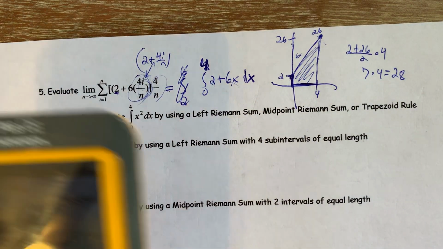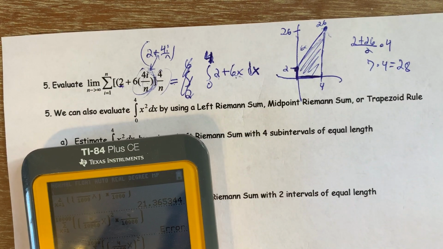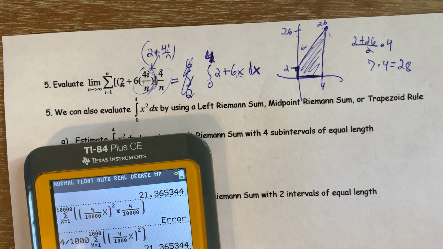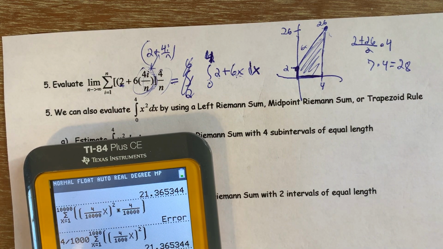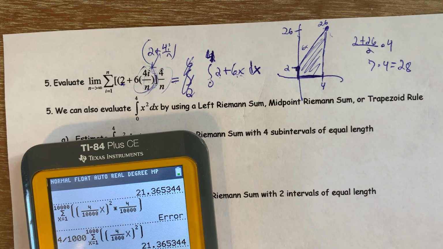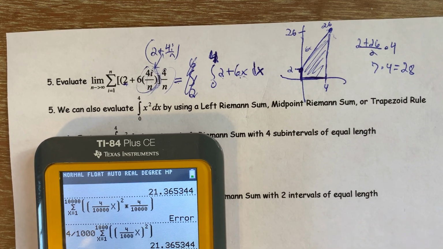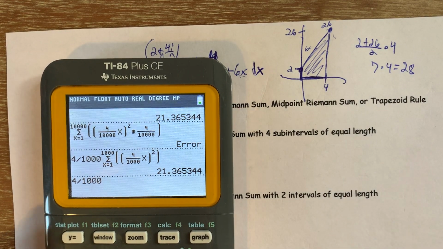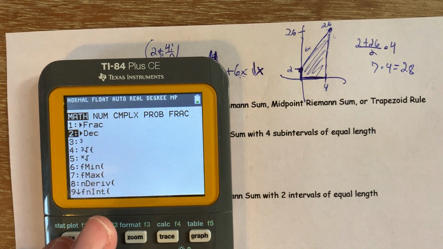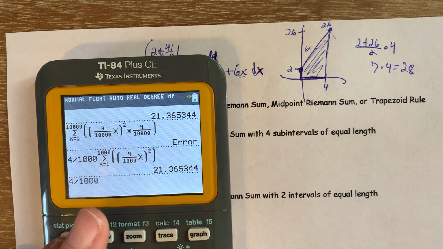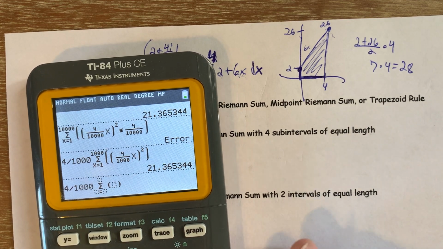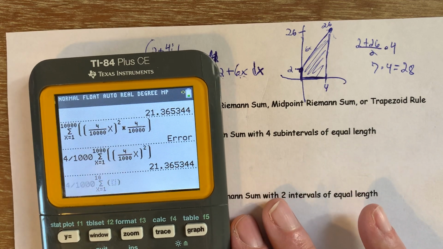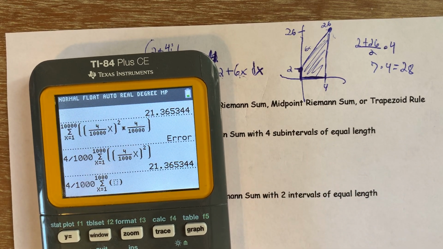Notice that if I tried to do this infinite sum, okay, look, this is 4 over 1,000 again. So 1,000 rectangles, 4 over 1,000. Let's actually clear this. So 4 over 1,000 times the sum from i equals, or x equals, 1 to 1,000. We usually use x in the calculator, but everywhere else we use i or n.